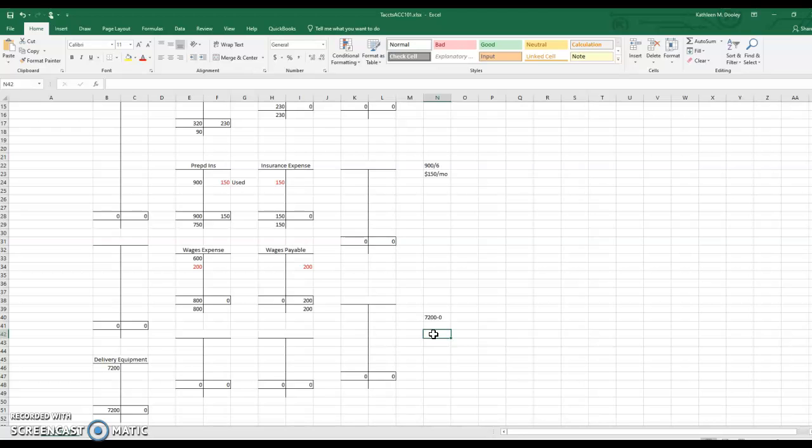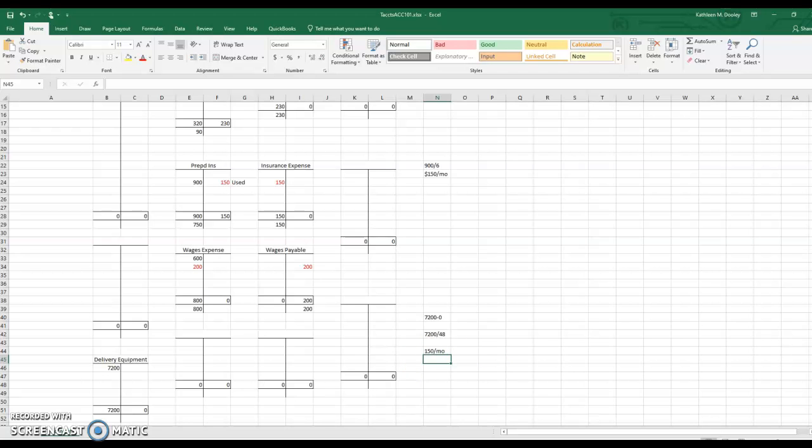The second step is to take the depreciable cost, $7,200, and divide it by the useful life. Now, if I put the useful life in terms of years, 4 years, then my answer will come out with depreciation for 1 year. But I only wanted depreciation for 1 month, so I'm going to put in how many months, which is 48 months. Okay? And so when I take $7,200 divided by 48 months, I get $150 per month.